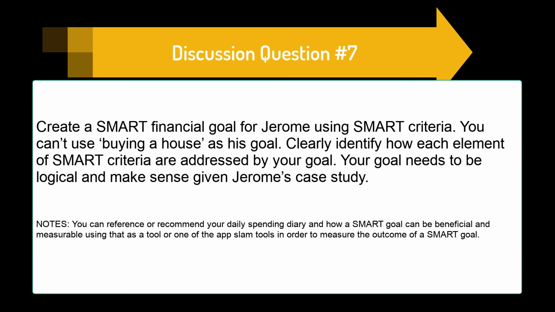Create a SMART financial goal for Jerome. You have a plethora of information, you have the tools, you have all that it takes to create a SMART financial goal. Make sure that you can easily identify the specific, measurable, attainable, realistic, and time-bound goal.